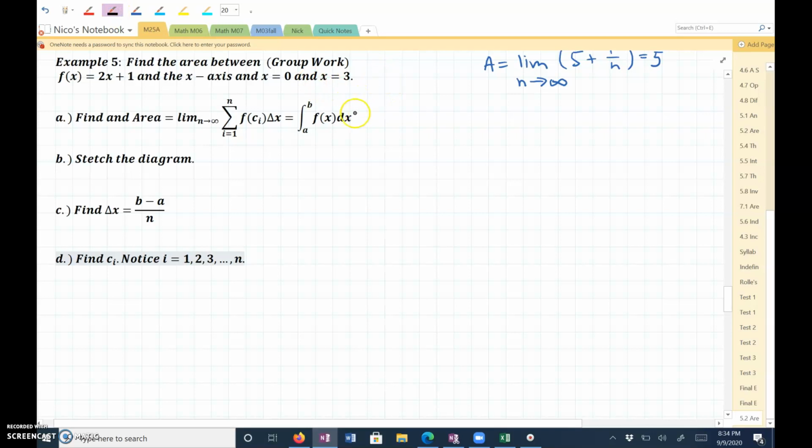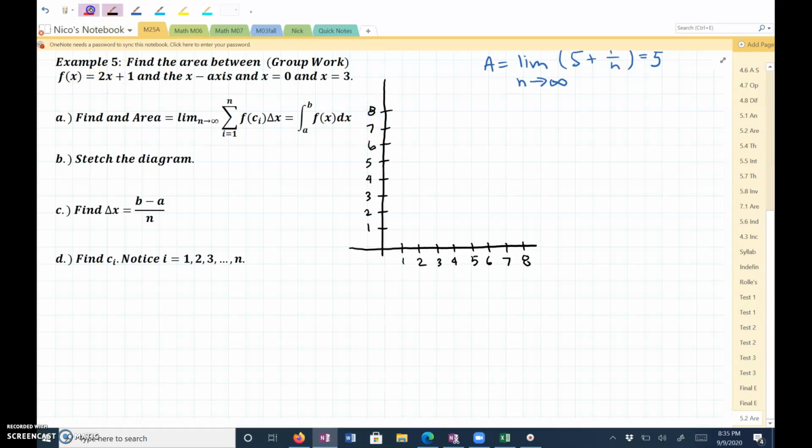So again, let's draw a coordinate plane. Okay, let's graph the function 2x plus 1.